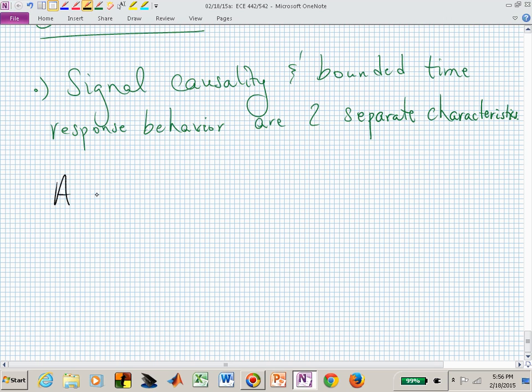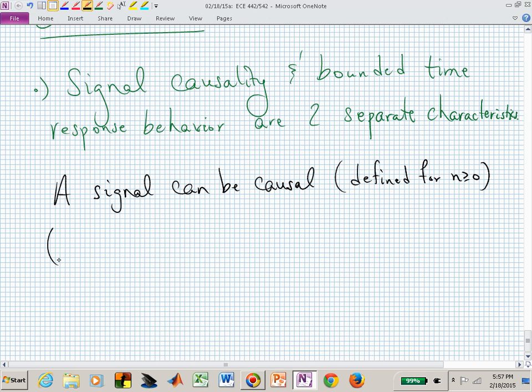Meaning we can have a signal that can be causal, which means it's defined for n greater than or equal to 0, or it has non-zero terms for n non-negative.